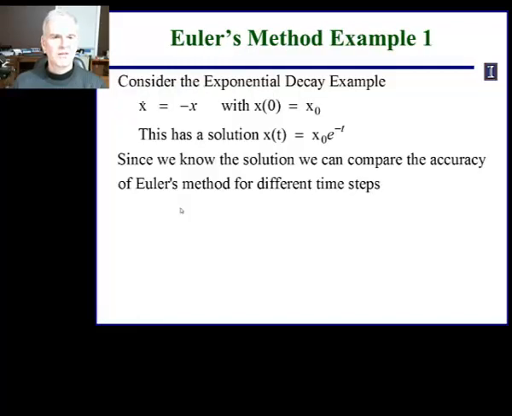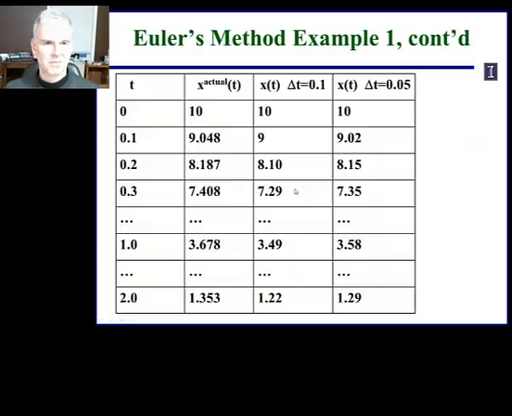Okay, so to give a simple example here, let's again consider that exponential decay where we've got a scalar problem, x dot is equal to minus x. We know its initial value. Now in this case, we know the analytic solution, so we can take advantage of this to compare the accuracy between Euler's method and the actual solution when we use Euler's with different time steps.